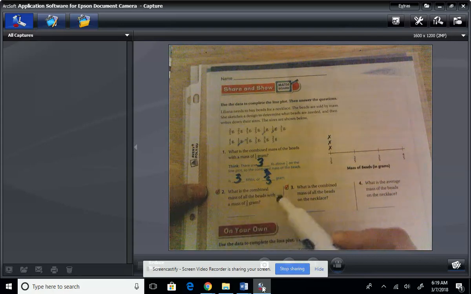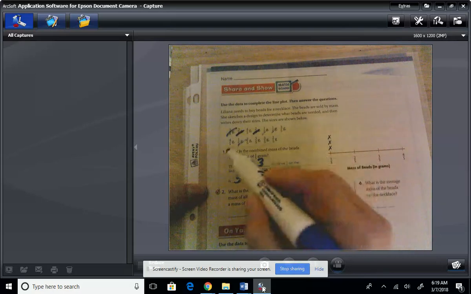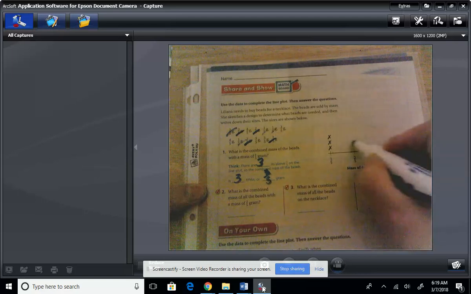Okay, now combine the mass of all the beads with the 2/5. So we have 2/5, 1, 2, 3, 4, 5. So 5.